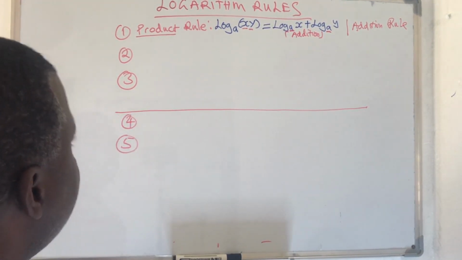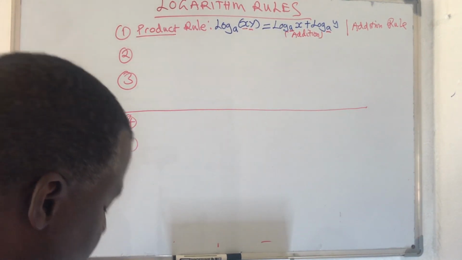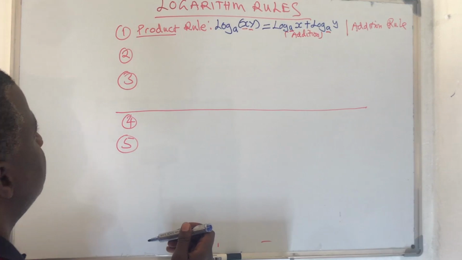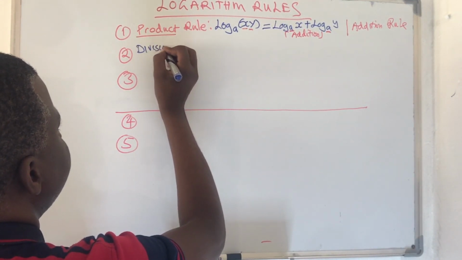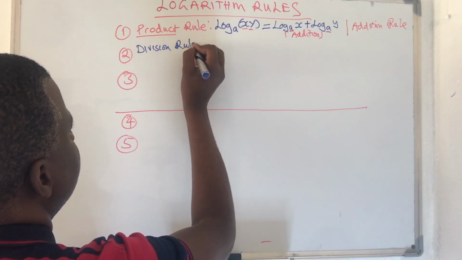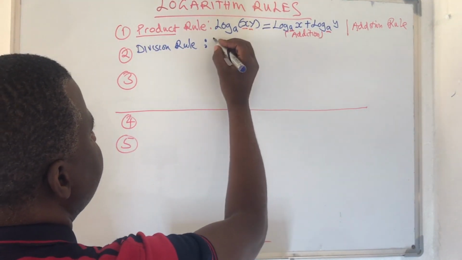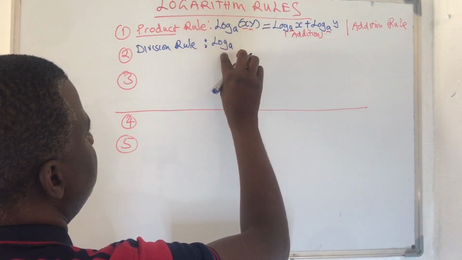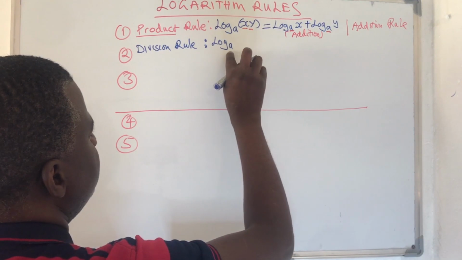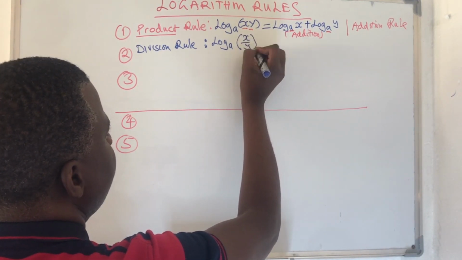Now, let us look at the second rule. The second rule is what is known as the division rule. With the division rule, instead of multiplying here, we are going to have a division. So let's say log base A of x over y.